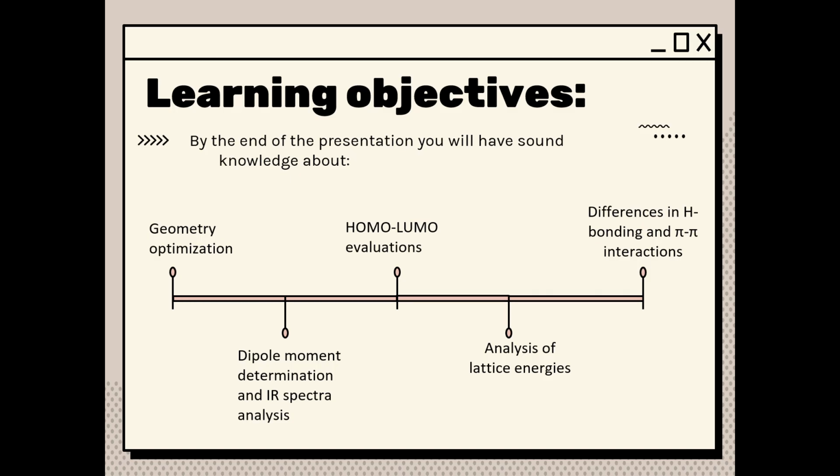Next, we'll look at the dipole moment determination and the IR spectra analysis, which help us understand polarity and vibrational properties. Moving forward, I'll explain the analysis of lattice energies, which reveal insights into crystal stability. Finally, I'll discuss differences in hydrogen bonding and pi-pi interactions, which are critical for understanding molecular interactions in crystalline systems.